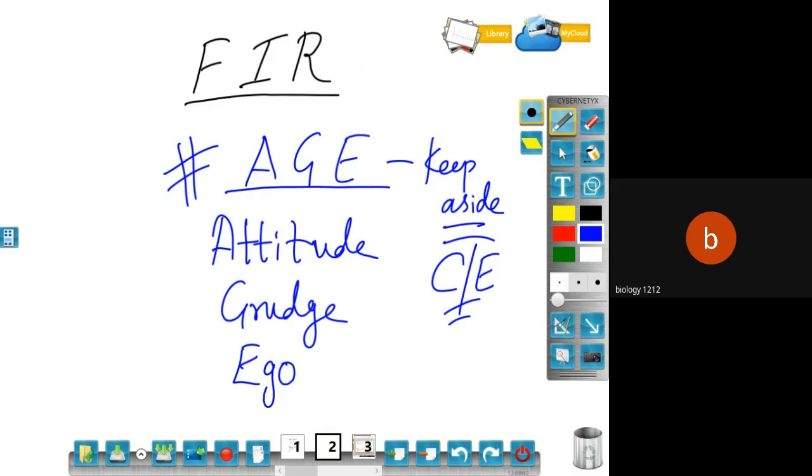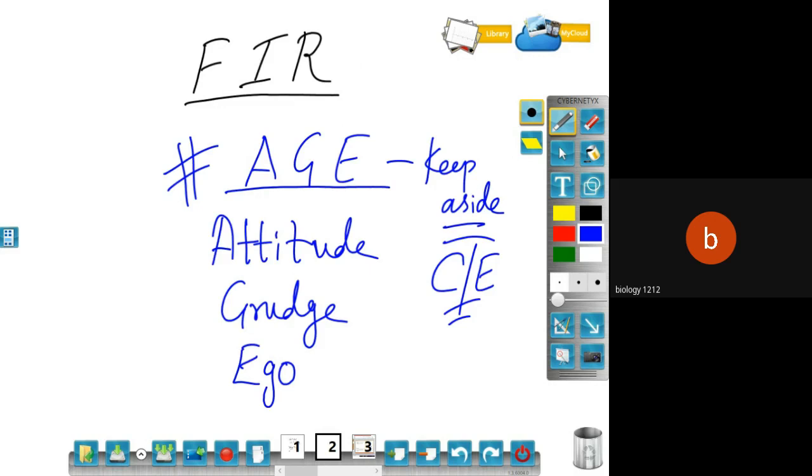Don't follow someone else's method. If your friends are following core or extended, don't flow with your friends, because it's your career and your future. So please take responsibility for your own future. So that's the first thing: keep your attitude, grudge, and ego aside.